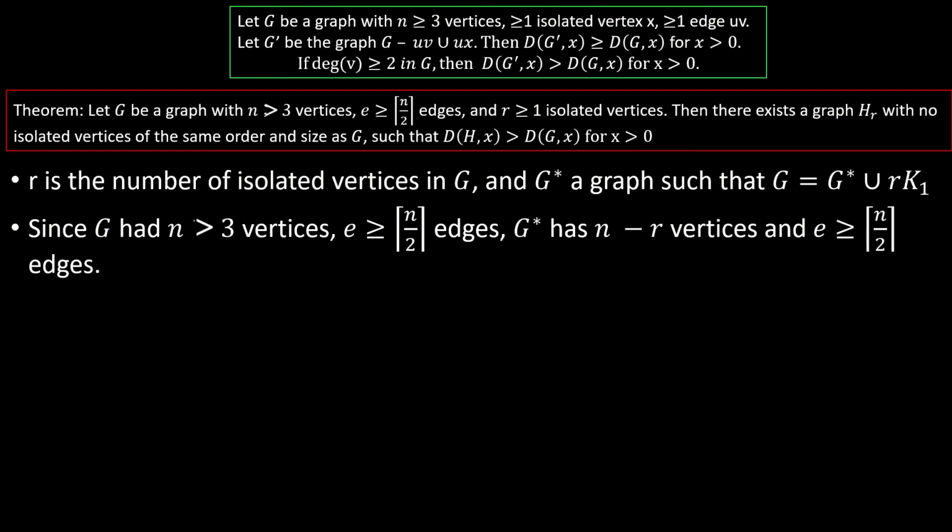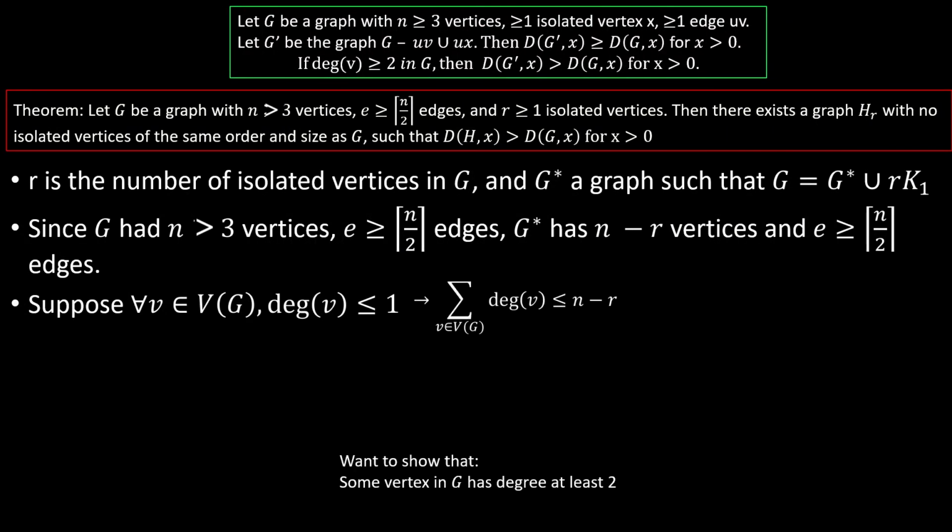To show this, first assume the contrary, that all vertices have degree less than or equal to 1. Then the sum of the degrees of the vertices in G is at most n minus r, as the r isolated vertices all have degree 0. However, in a simple graph, the sum of the degrees is always double the number of edges, so that means 2e is less than or equal to n minus r.